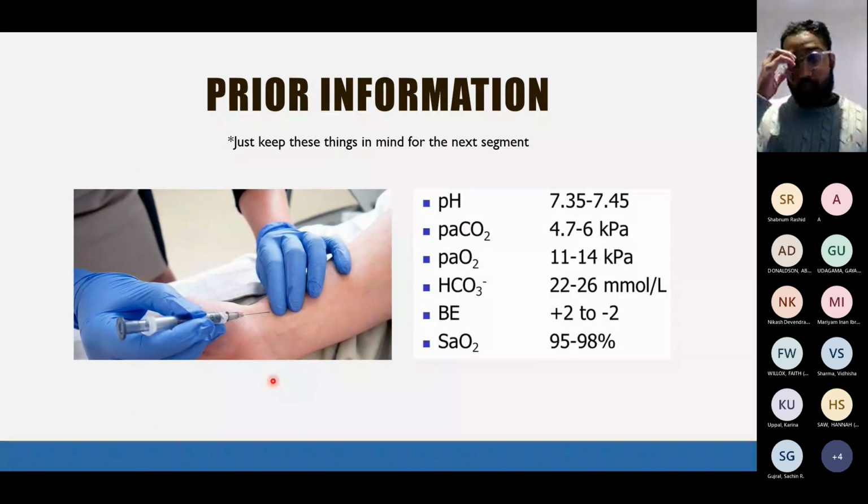And then I don't have time to explain arterial blood gases today, but this is what that is. We can take a sample of arterial blood, usually from the radial artery. We put it in a machine and it gives us these values. pH, we want to be in this range. If it's below or above, we know there's a problem.